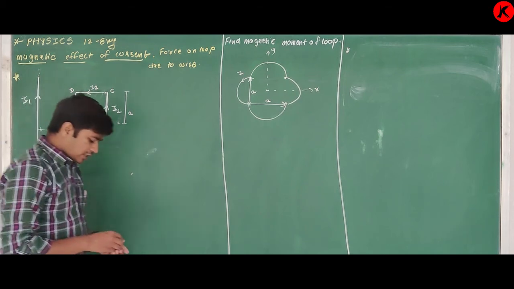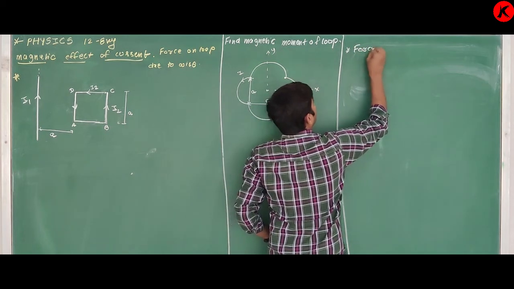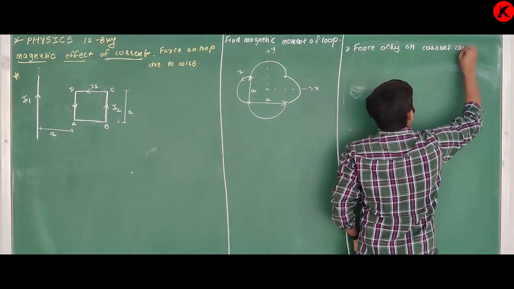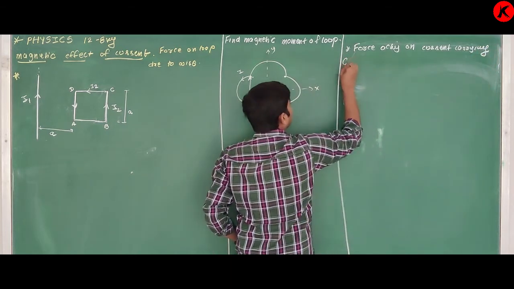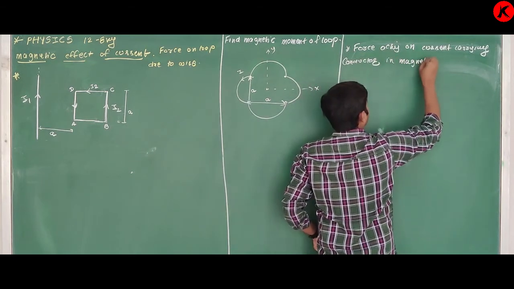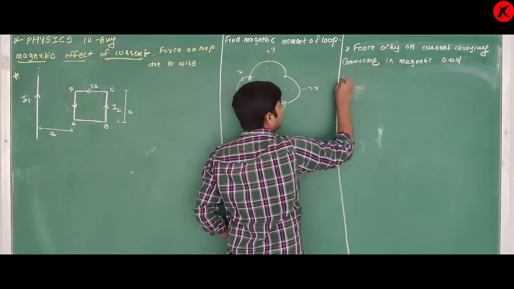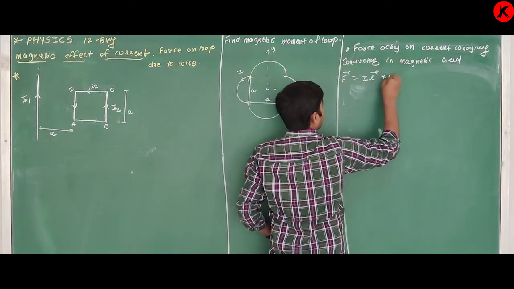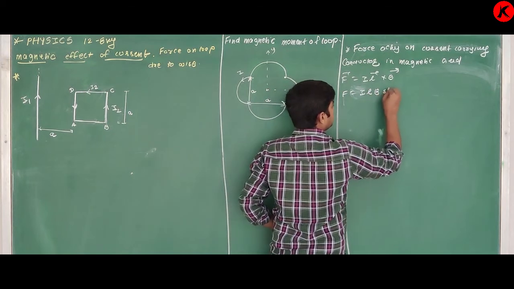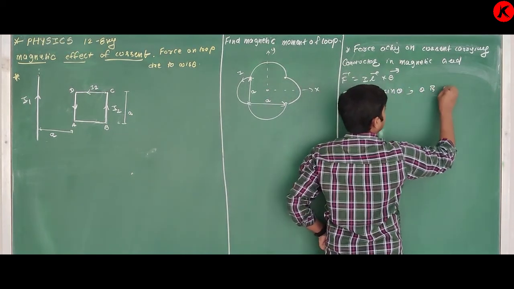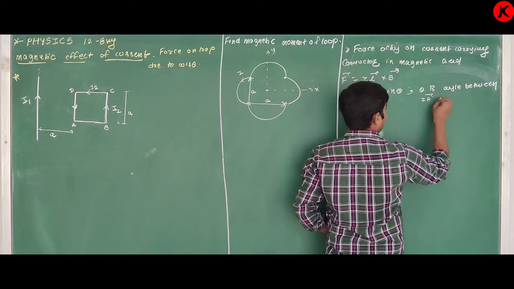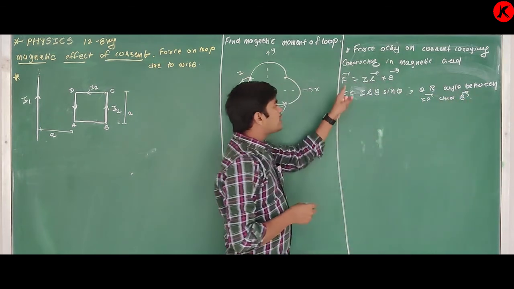Simple. What is the equation? See, here, the force acting on a current carrying conductor in a magnetic field, F is equal to I L cross B, and its magnitude is F equal to I L B sin theta, where theta is the angle between I L and B. And you know how to find the direction of force.